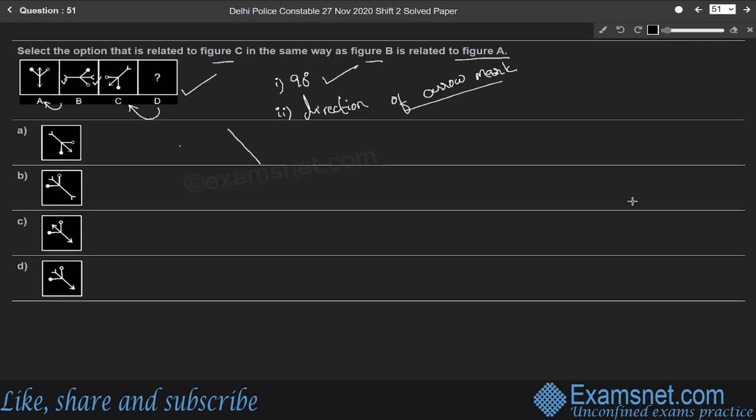And the second condition, the direction of the arrow mark with respect to figure C. So the direction of the arrow mark at one end should be like this and the other end is like this. So look at option D. Here both the criteria are matched. Therefore, option D is the right answer.